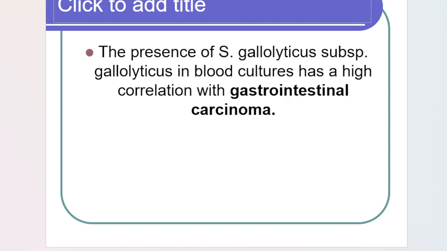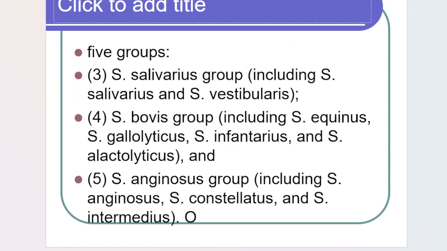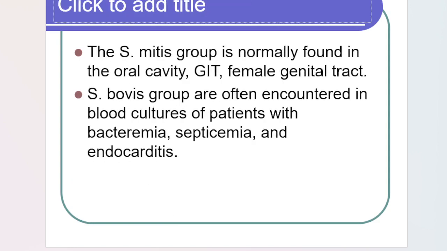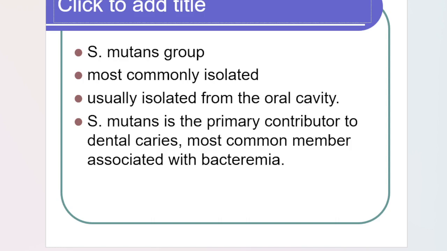Take note of this one: the presence of Streptococcus gallolyticus subspecies gallolyticus in blood cultures has a high correlation with gastrointestinal carcinoma. So, let's check. Saang group? Gallolyticus. Sa bovis group. Under bovis group, yung has high correlation with GIT carcinoma.